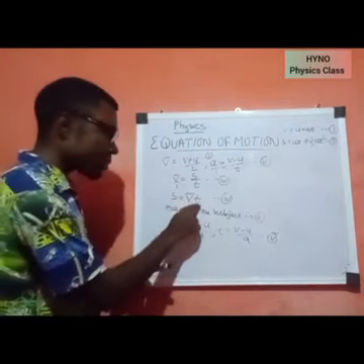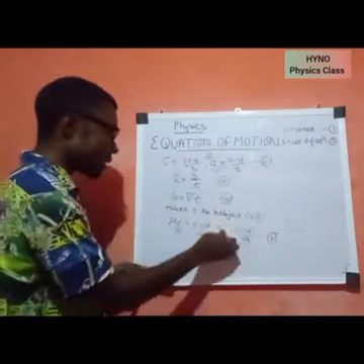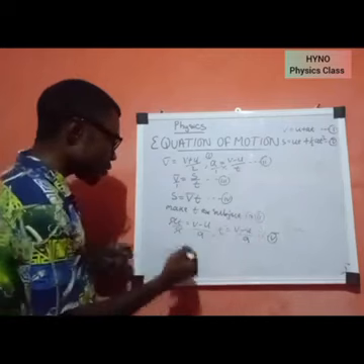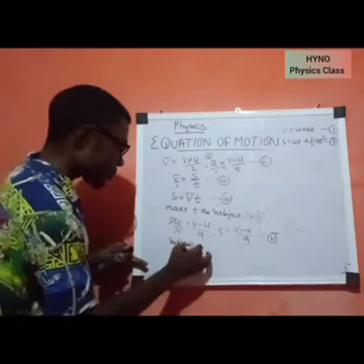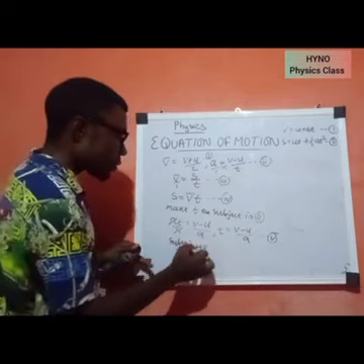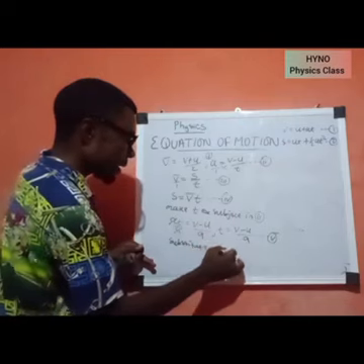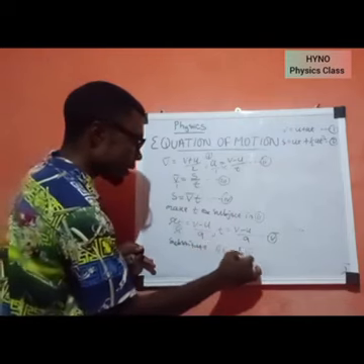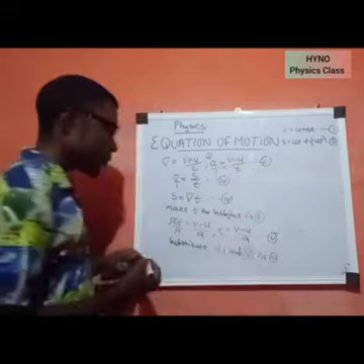And average velocity is this, while time is this. So we are going to substitute equations I and V in IV.